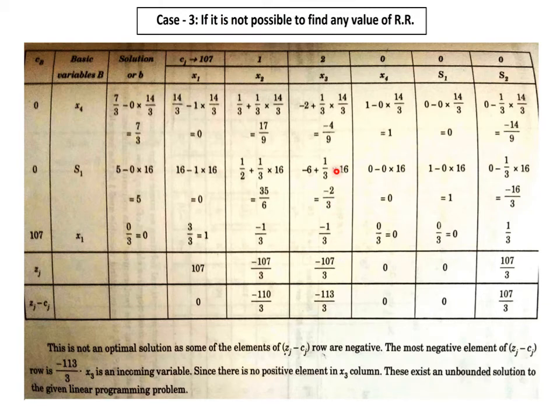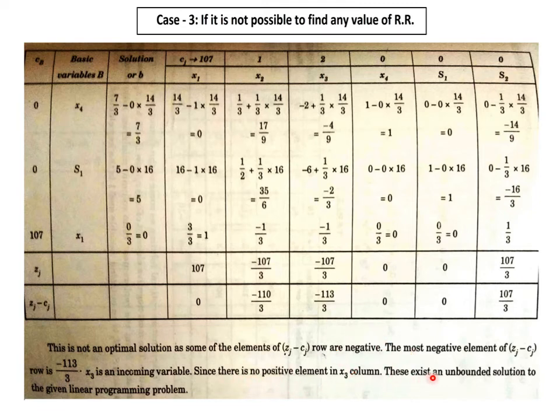And we know that for 0 or negative values in an entering column, replacement ratio can't be calculated. So here all values are negative, that means you can see in the last column replacement ratio is not made there, because replacement ratio can't be calculated. You have to put all dashes because of these all negative values in that entering column. And if replacement ratio can't be calculated, there is no positive element in this column.